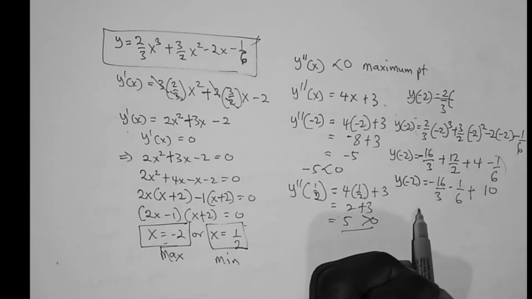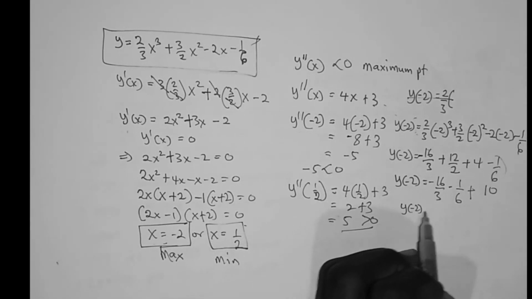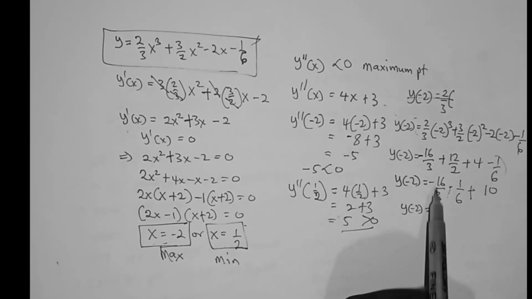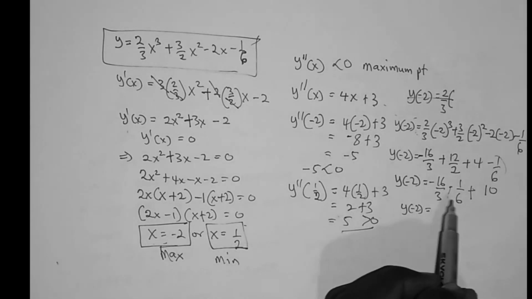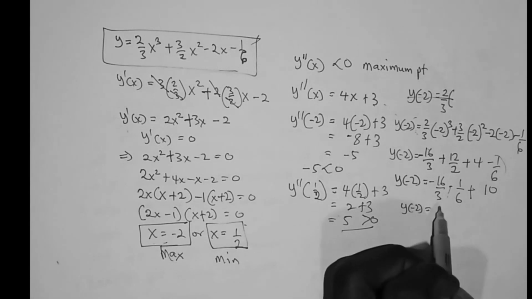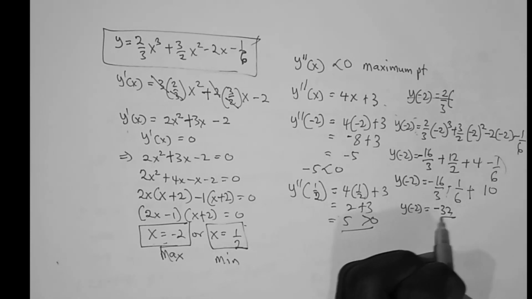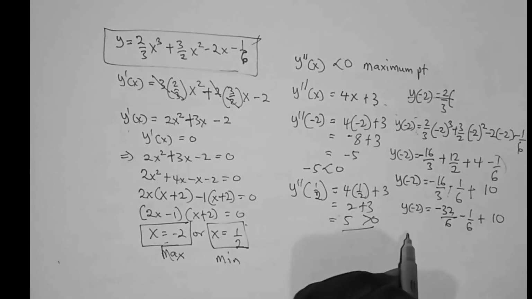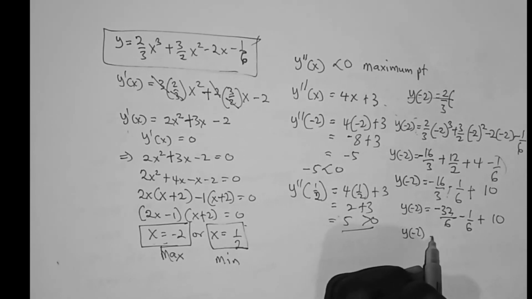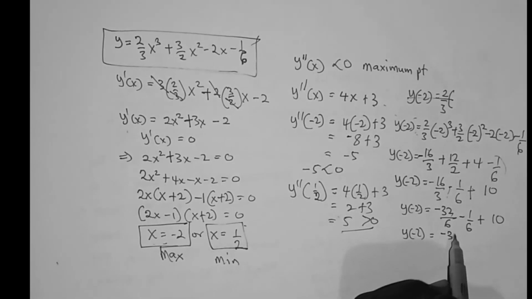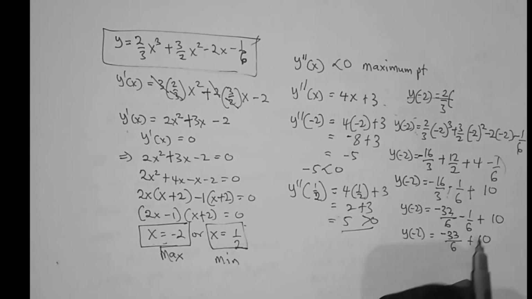And y of minus 2 is equal to, I want to multiply this fraction, the numerator and denominator, by 2. So minus 16 times 2 is minus 32 over 6 minus 1 over 6 plus 10. So y of minus 2 is equal to minus 32 minus 1 is minus 33 over 6 plus 10.